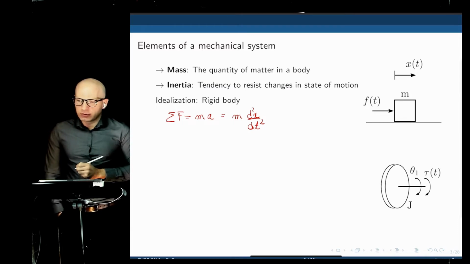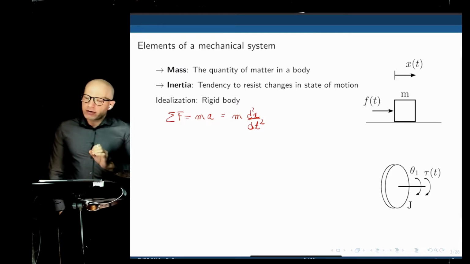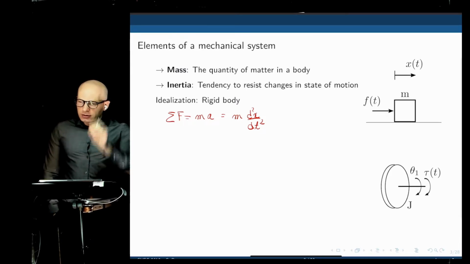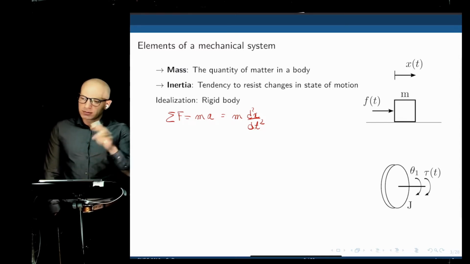From now on, we are going to simplify our notation a little bit. Instead of writing the double derivative, we're going to use dots. So one dot above a variable means the first derivative of that variable with respect to time. Two dots, second derivative.